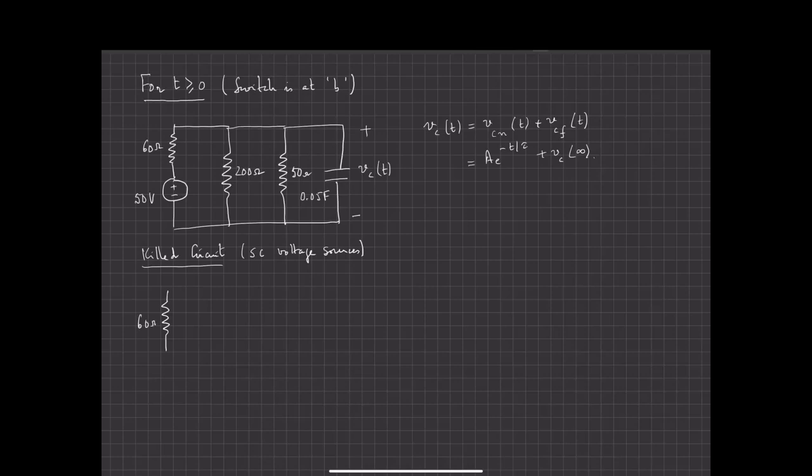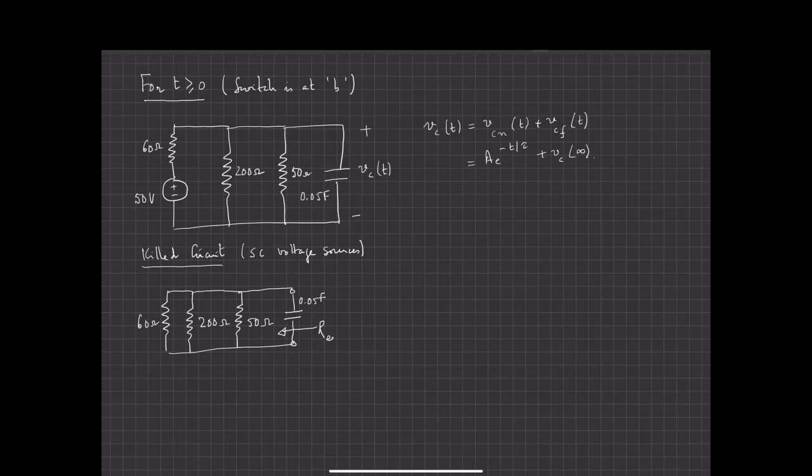This is 60 ohms. This is 200 ohms. This is 50 ohms. This is my capacitor, and this is 0.05 farads.